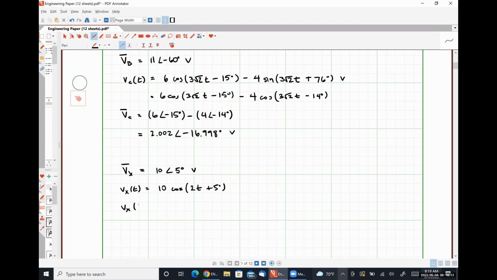It could also be representative of 10 cosine 8 pi t plus 5 degrees. It could be representative of 10 cosine 130 t plus 5 degrees, etc.